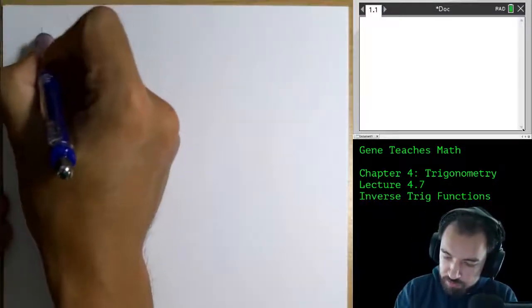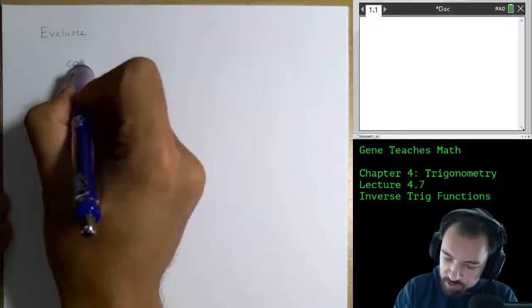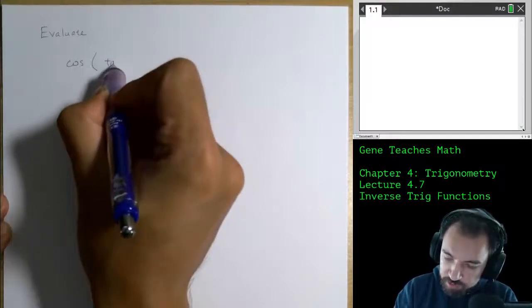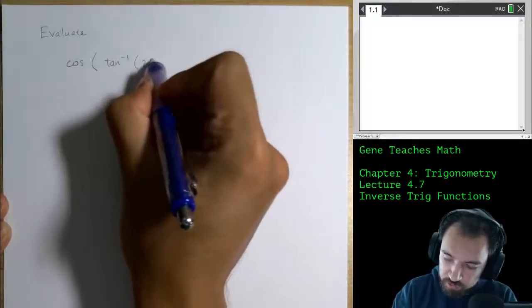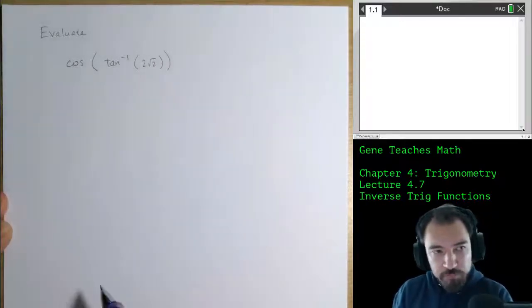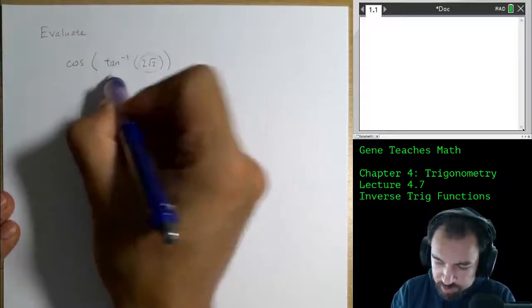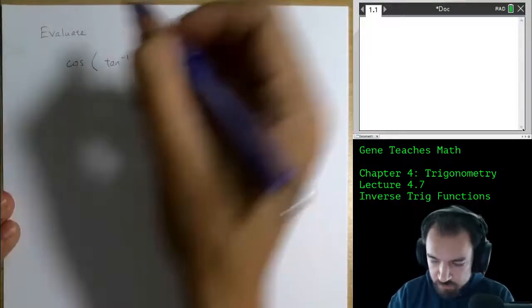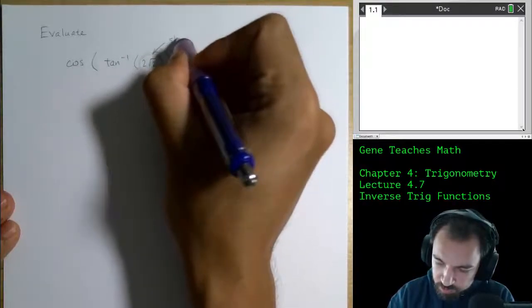So now, for the last example, I want to evaluate cosine of tangent inverse of 2 root 2. Okay. So this right here is the input for the tangent inverse function. So this is going to need to be the slope in the unit circle.